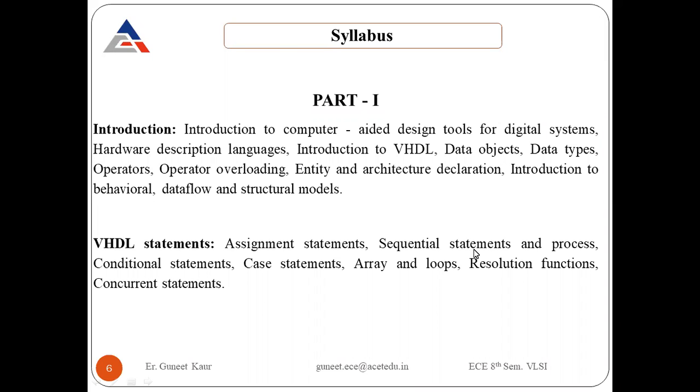Then, second topic is hardware description languages. Introduction to hardware description languages. In that particular, we will do the language VHDL.